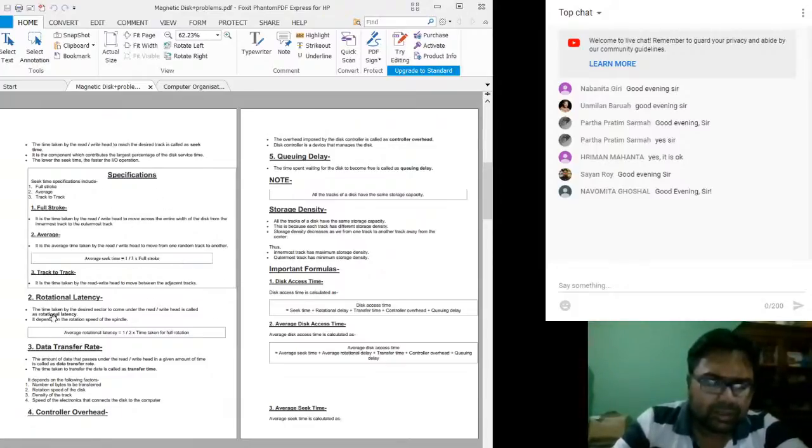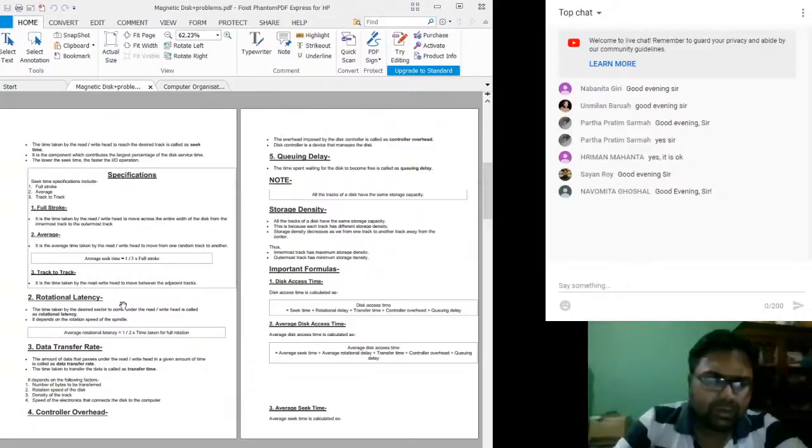You can read it. Next comes your rotational latency. So what is this rotational latency? First you will move your head, after this the disk will rotate. Why is it rotating? So that the desired sector comes under your read write head. This is known as rotational latency, or sometimes it might be called just latency.